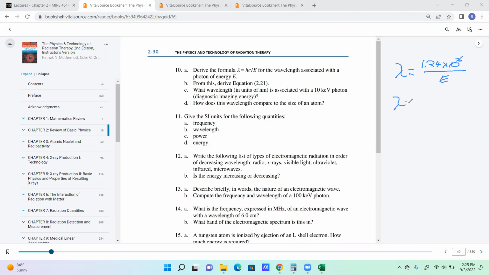In this particular case, I have 1.24 times 10 to the minus 6 divided by 10 keV. Now remember that this unit up here, we're looking at eV meters.